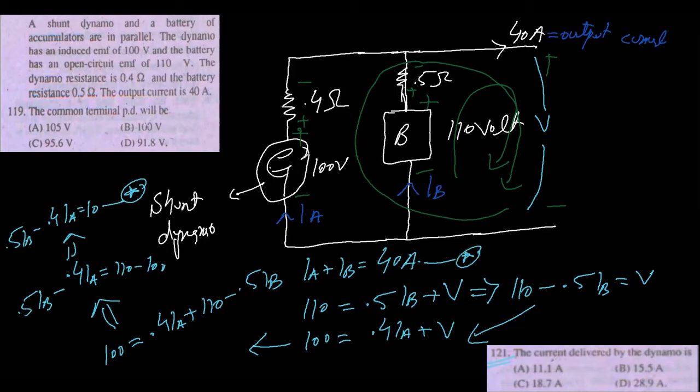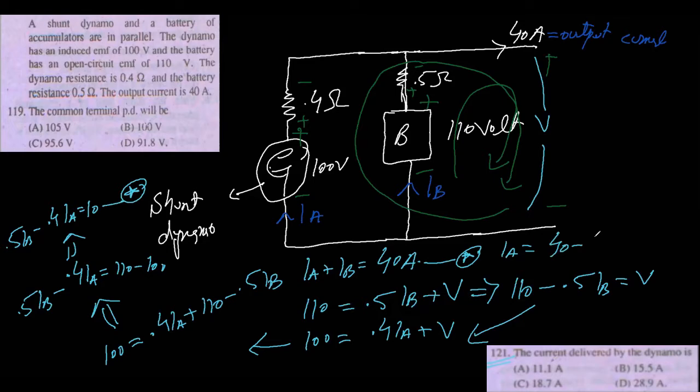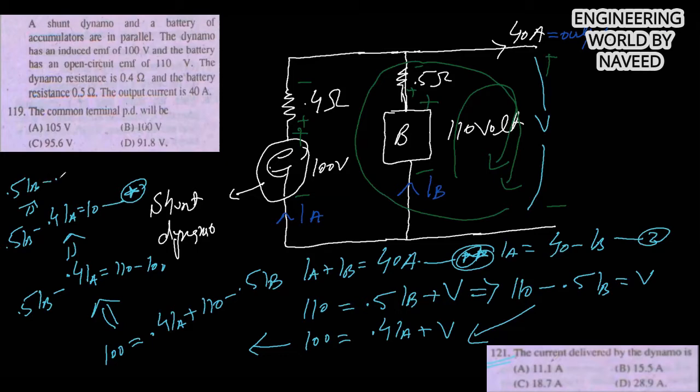From here I get the value of IA. So your IA will be equal to 40 minus IB. Now putting this in the second equation, that will be 0.5 IB minus 0.4.